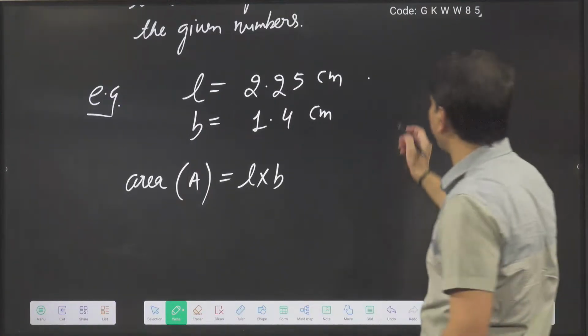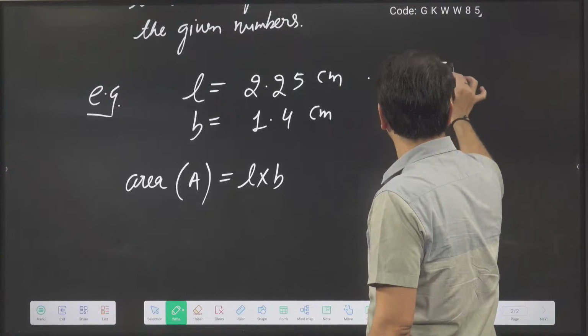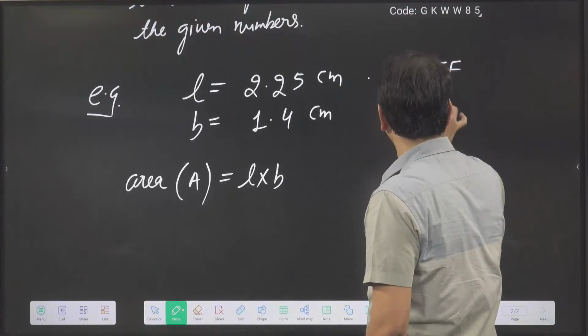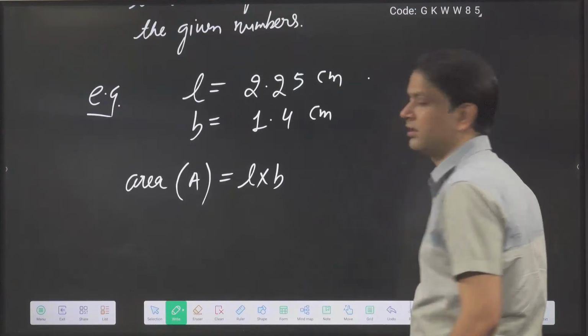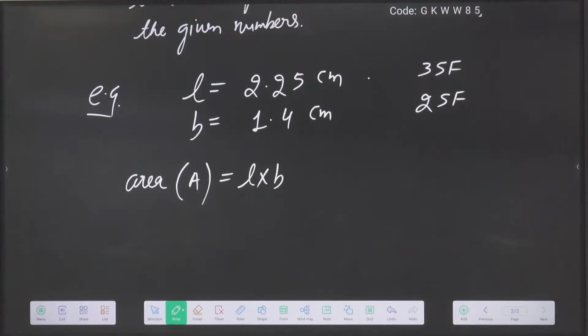So length has how many significant figures? 3 significant figures. Breadth has how many significant figures? 2 significant figures. Then area will have how many? 2 significant figures, because the minimum is 2.